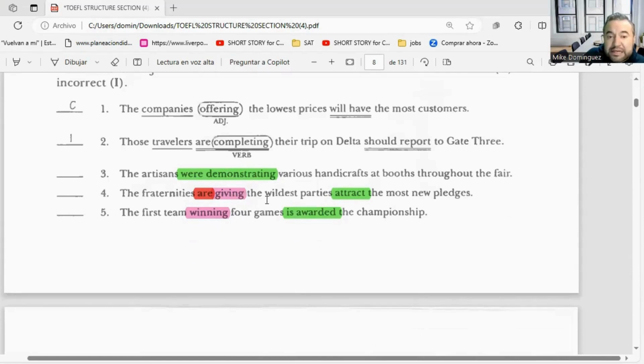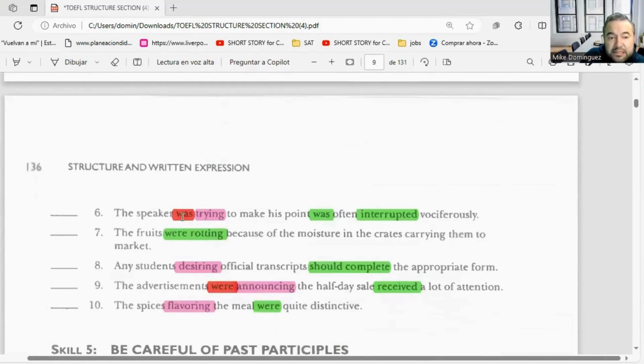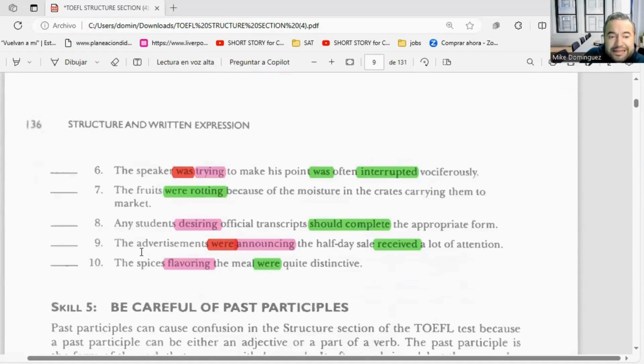So, the fraternities giving the wildest parties attract the most new pledges. In number 6, you don't need was because there's already another verb. In number 9, it is not necessary to have were because you already have the verb receive.